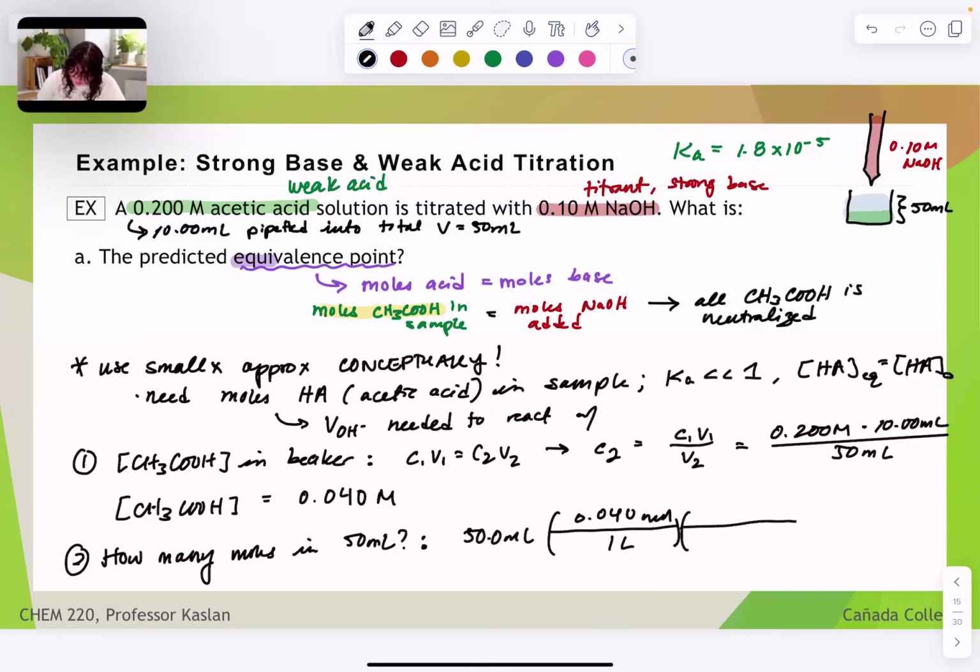And then if I want to convert my milliliters, I could either just move my decimal over 3 places, or I can do my milliliter conversion. So careful, I want moles and liters to cancel, so this needs to be liter. So there are 1,000 milliliters per 1 liter. So doing that operation, that's 0.05 times 0.04, 0.002, or 2.00 times 10 to the negative 3 moles of acetic acid.